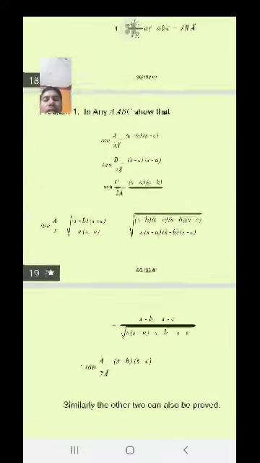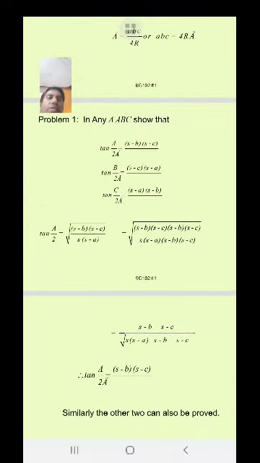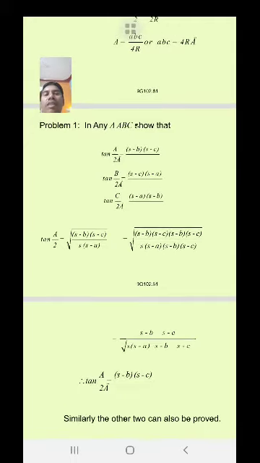Here the printing is a mistake, because tan A by 2 equals s minus b into s minus c by area of the triangle, similarly tan B by 2 equals s minus c into s minus a by area of the triangle, and tan C by 2 equals s minus a into s minus b by area of the triangle. So this is the question. The print came wrongly, so that it is looking like that. The area of the triangle should be in the denominator.